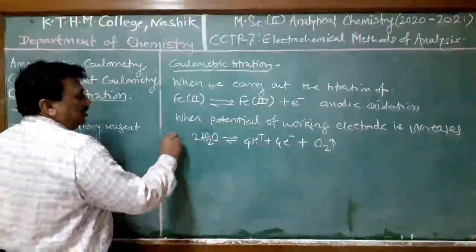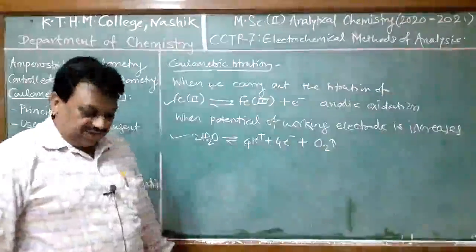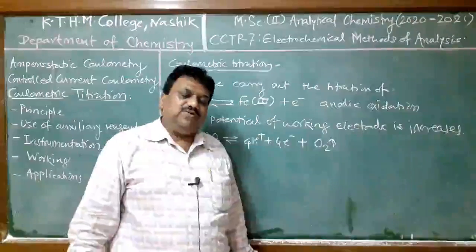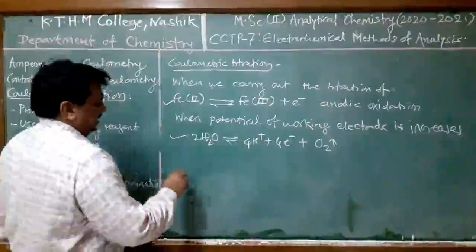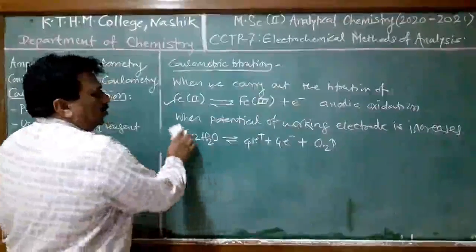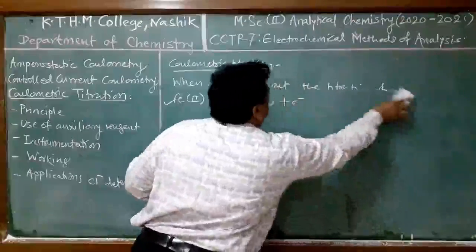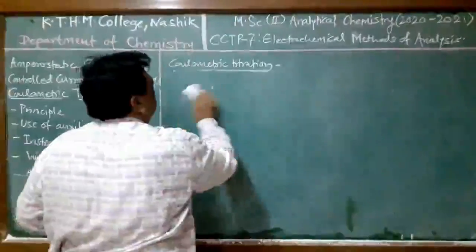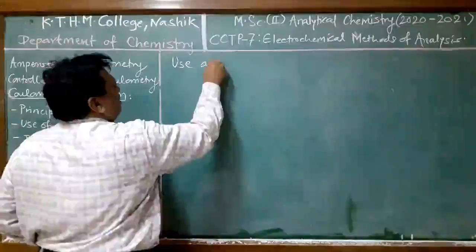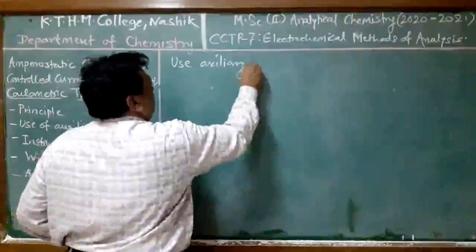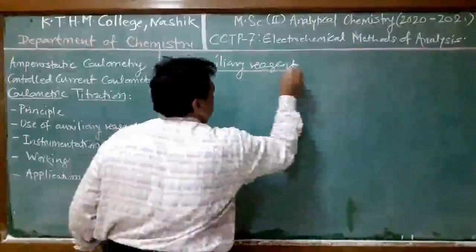As electrolysis of water takes place along with the oxidation of Fe2+, we can say that current efficiency decreases. In order to nullify this difficulty, we can use another reagent that is called an auxiliary reagent. An auxiliary reagent is used in coulometric titration.